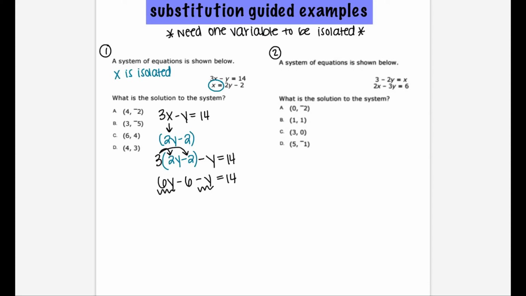So we have 6y and minus y. Remember, this is like a negative 1 in front. So 6 minus 1 is 5y. Bring down the minus 6 equals 14. Now we need to isolate the 5y. So we've got to add 6 on both sides.